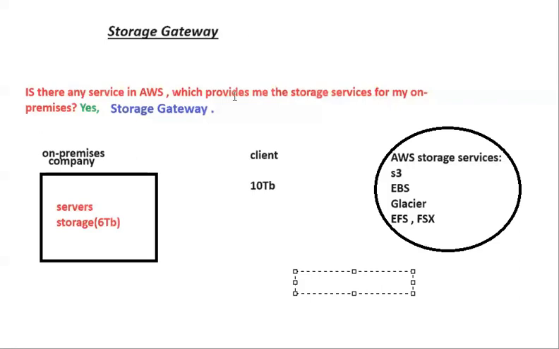So I can get AWS storage services from the AWS cloud to connect to my on-premises servers by using which service? Storage Gateway. Let me provide you a simple connection here. This connection happens by using Storage Gateway.